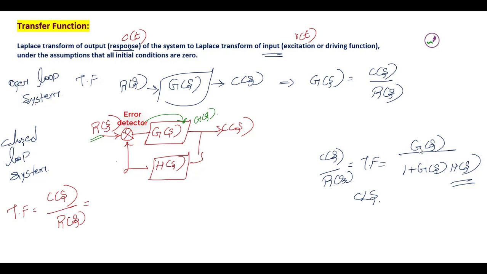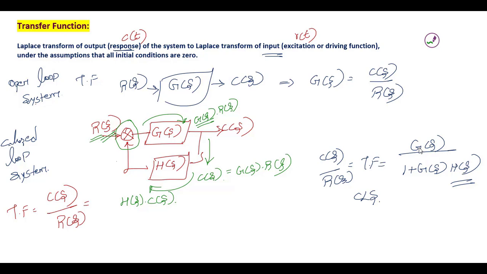Initially the response is G(s) into R(s) on this side, and a sample of the output is taken by the feedback component, that is C(s), which is G(s) into R(s). It is multiplied with the feedback component H(s) into C(s). Here the error detector compares this input reference with the feedback signal.